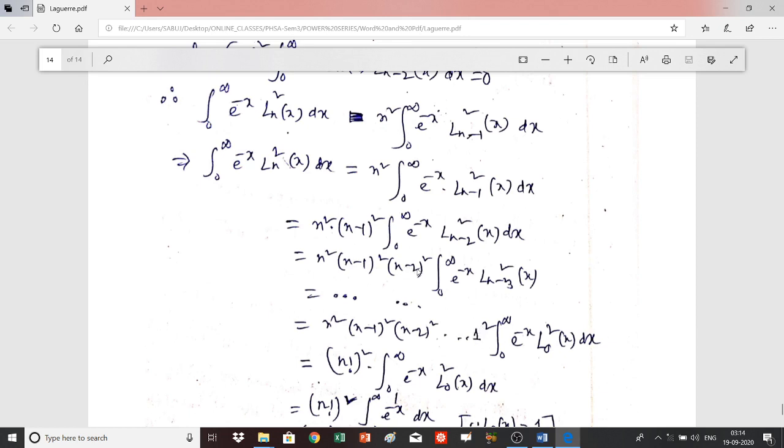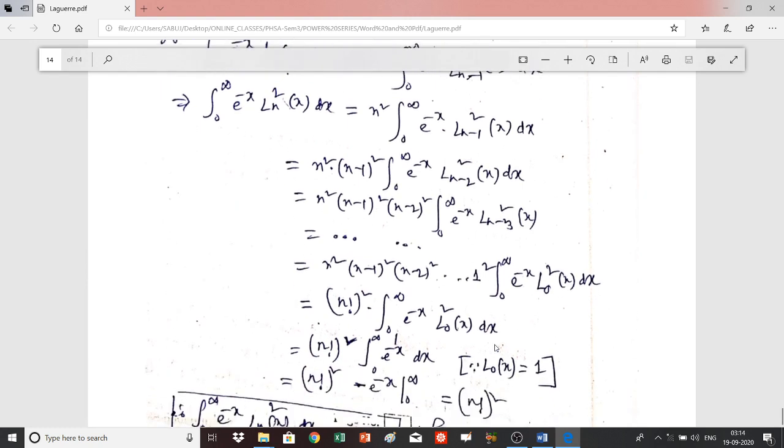Because you see that here the term is n minus 3, and this ends one order before that of this. Since the last term is one order before that of this, and before this the order was 1, the last term here is 1 square, and e to the power minus x, L0 x dx.